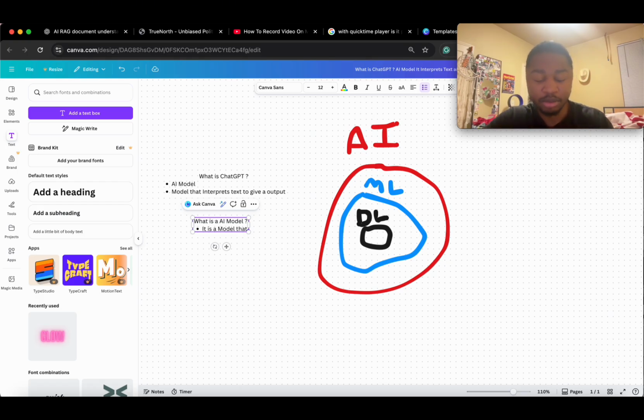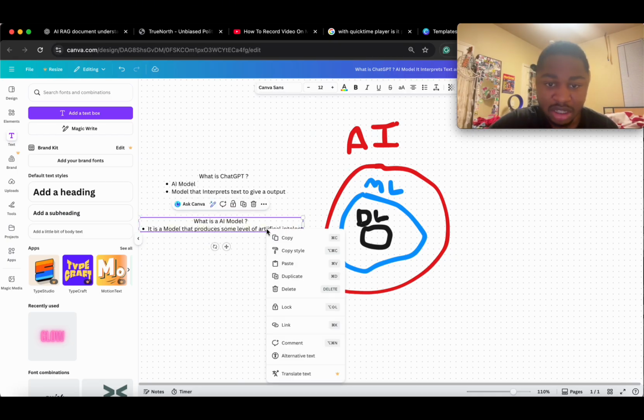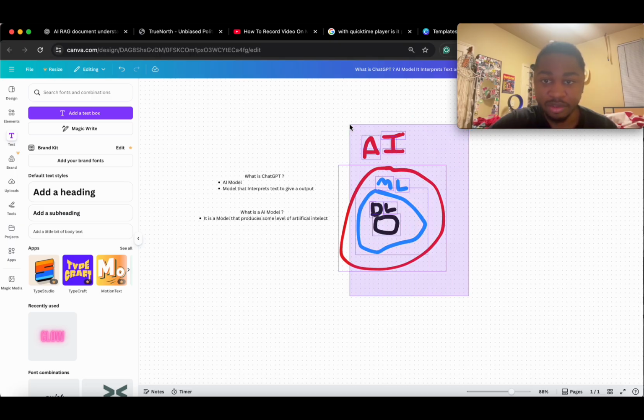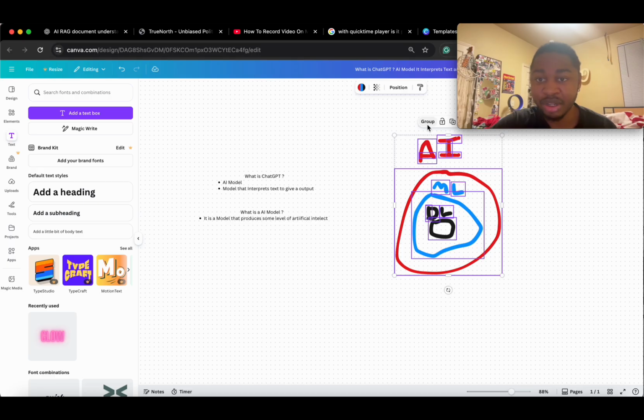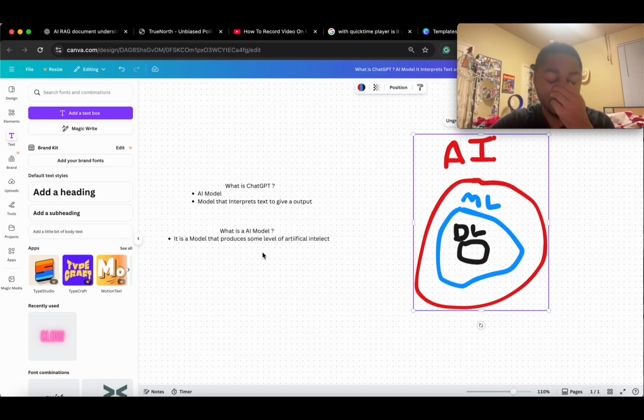It is a model that produces some level of artificial intellect. I'm just going to say that, and that's kind of a redundant statement, but I feel like it still needs to be put down. It's a model that produces some level of artificial intellect.